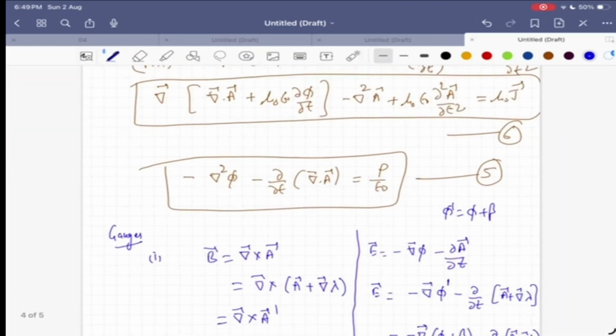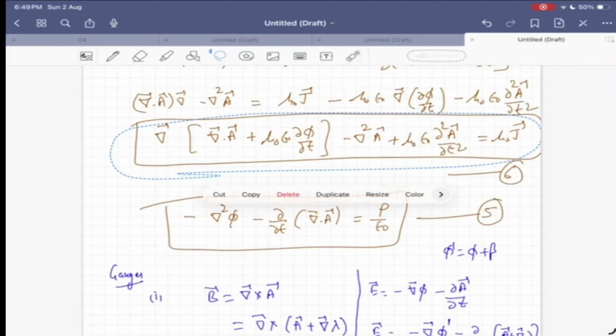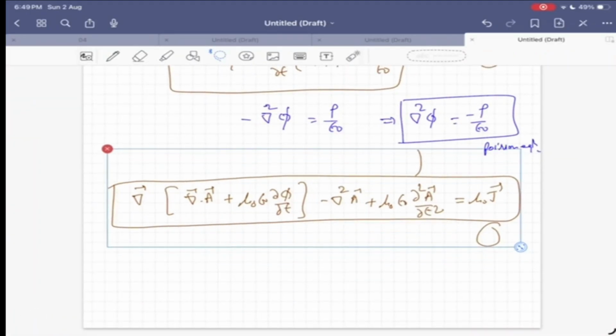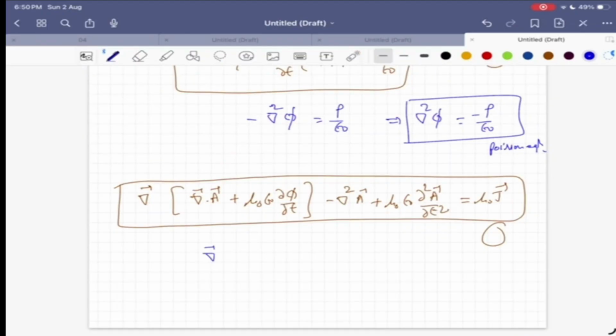And the sixth equation becomes, with the application of this gauge, so this term goes away. So I can write mu naught epsilon naught del t grad phi, minus mu naught j.